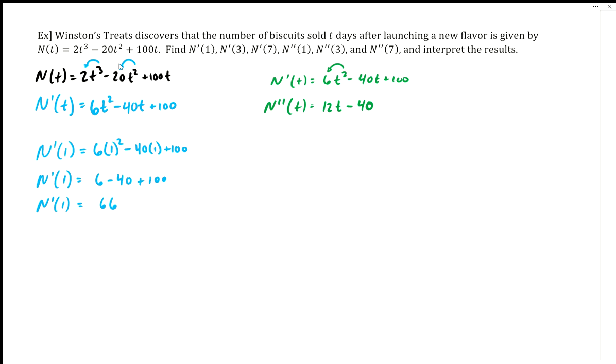All right, so what this means is, let's go back. Let's put this in red. To the side, just n of t. It says that the number of biscuits sold t days after launch is based on this. So this is the total number of biscuits sold.